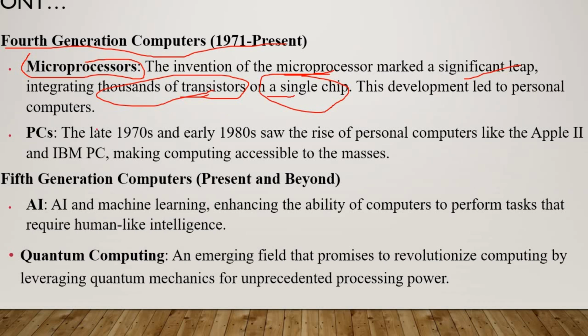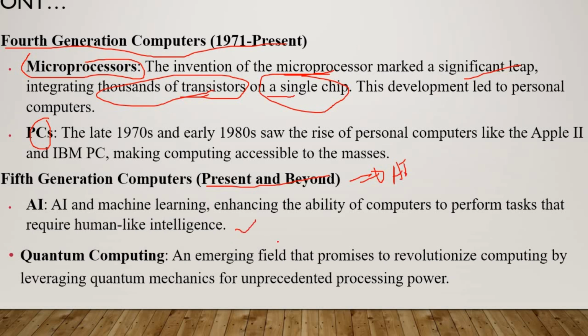This led to the personal computer, the PC we have today. The fifth generation of computers, which is the present and beyond, is markedly known for AI and machine learning.